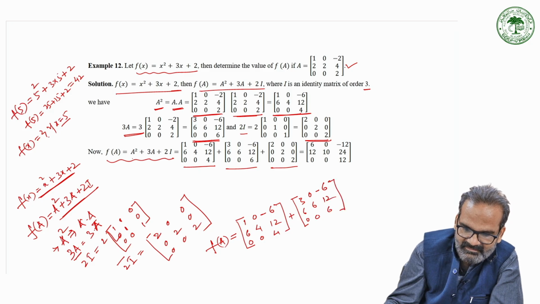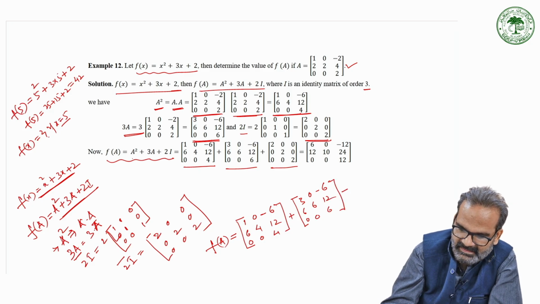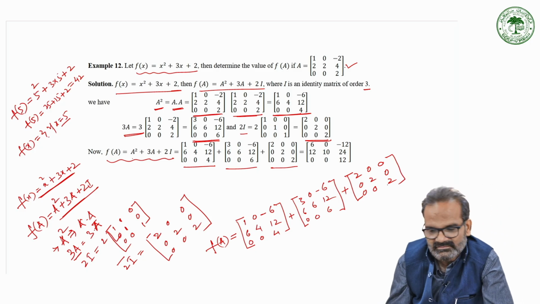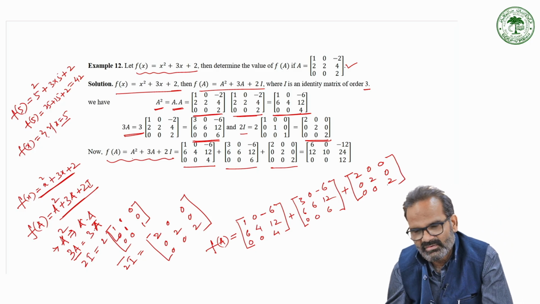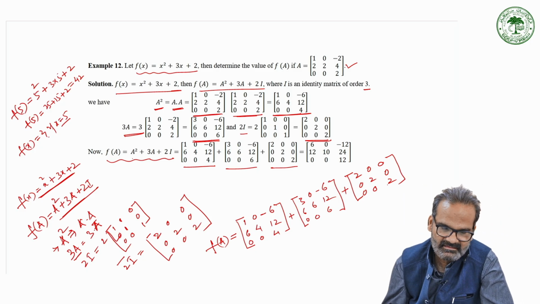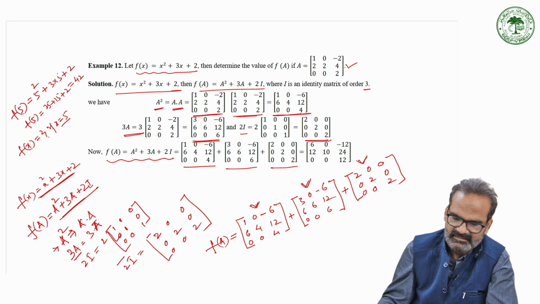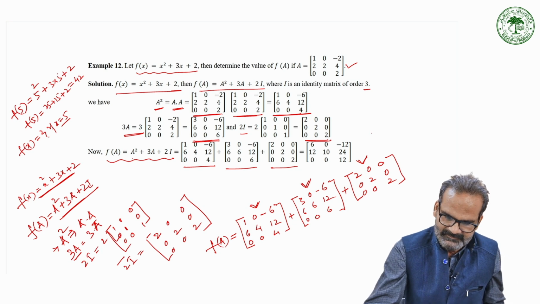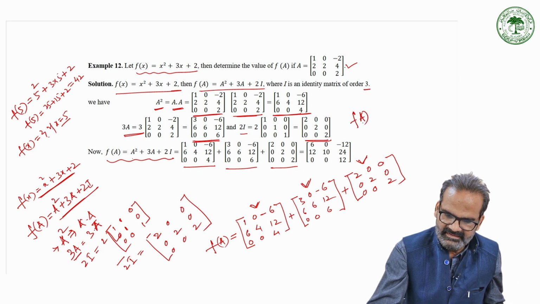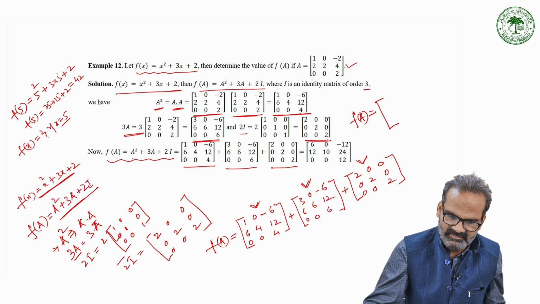This is your 3A, plus now 2, 0, 0, 0, 2, 0, 0, 0, 2. Add up these three matrices. So either add first one this and this, then the third, or add second and third, then first. In both ways you will get the same result. So f(A) will be equal to the sum of all these three matrices.